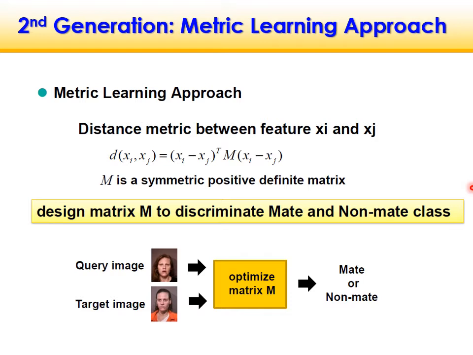This is one extension of this subspace method. The subspace was represented by this collection of faces, and then also in the 2000s there were big efforts in improving the way we compare the faces after the projections.